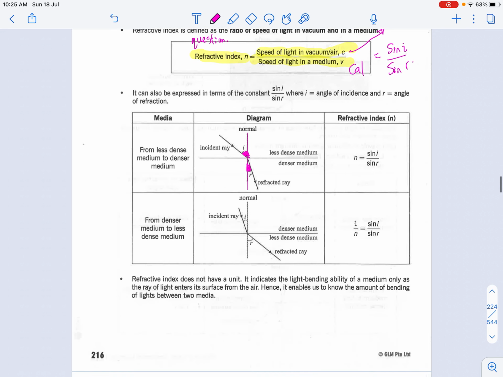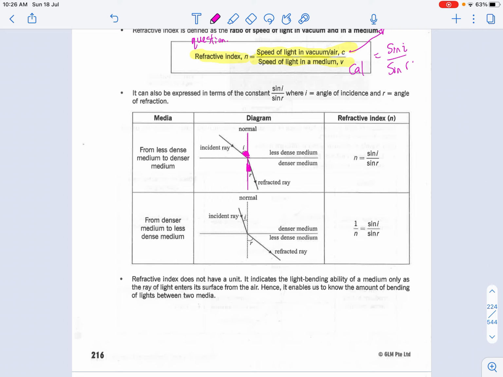Okay, so from this, we are able to use both of these to do the calculation. Now when it comes to the refracted medium, do take note that the inner ray is your incident ray, and the outer one is your refracted ray.